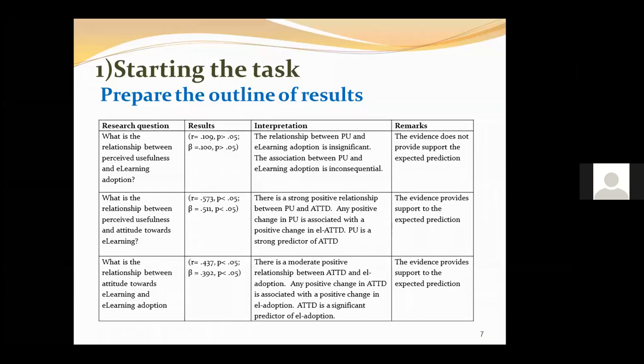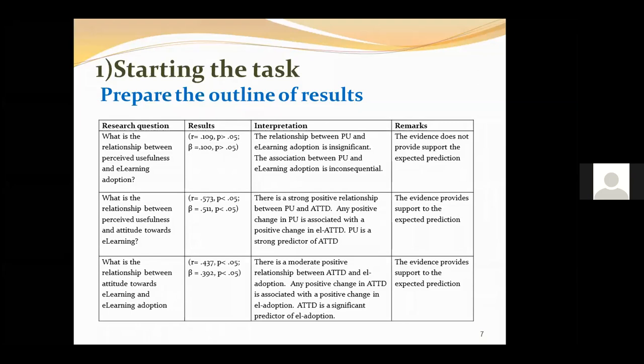When you go back to the literature, you'll get more information to help you make your discussion. And going back to your literature review is an opportunity for you to update it. This is the time you update your literature review.